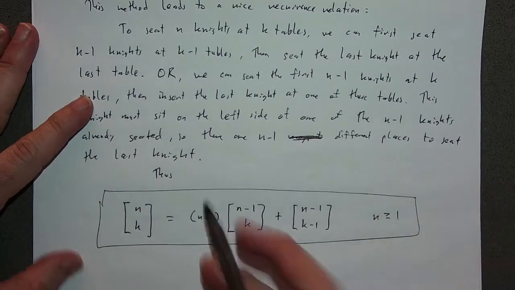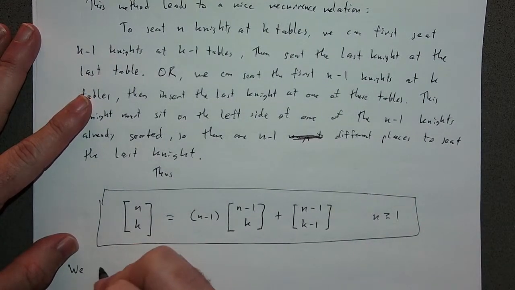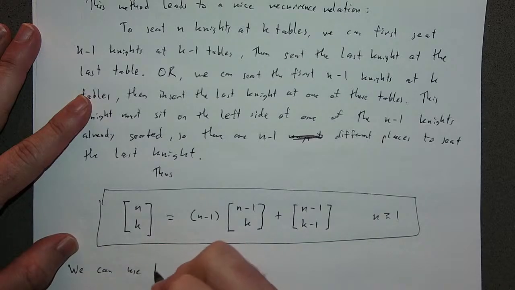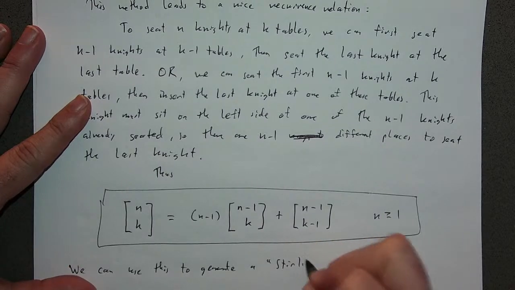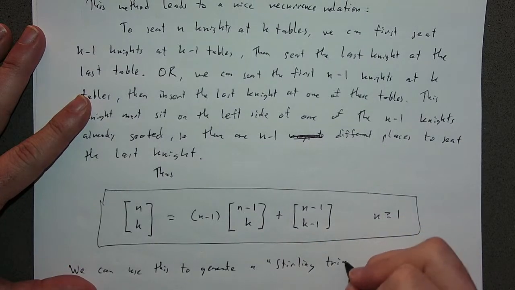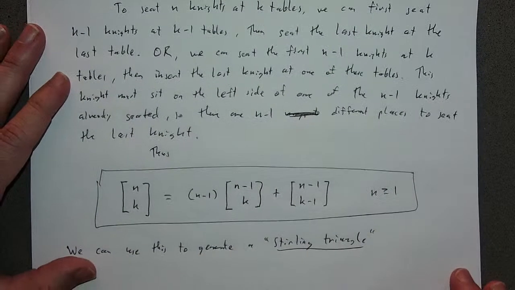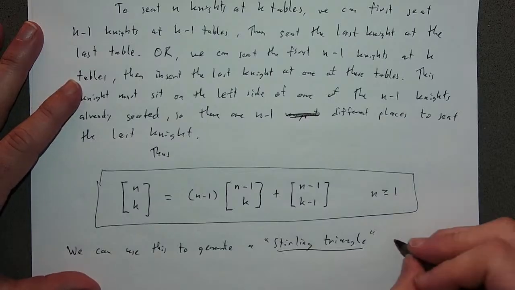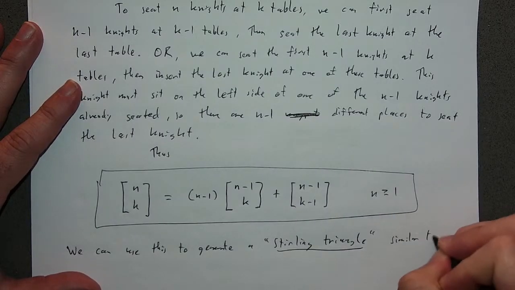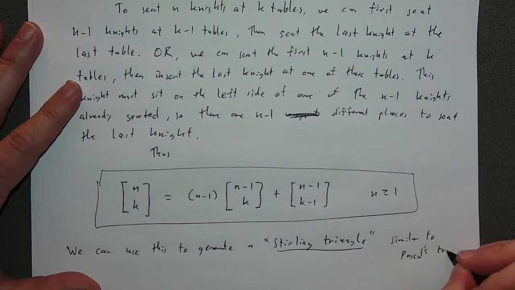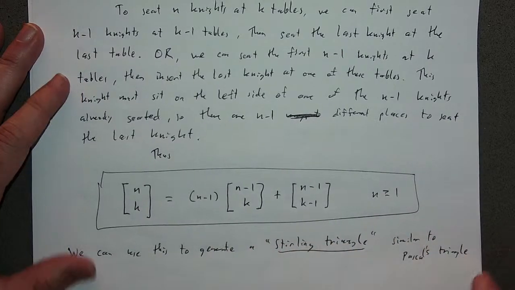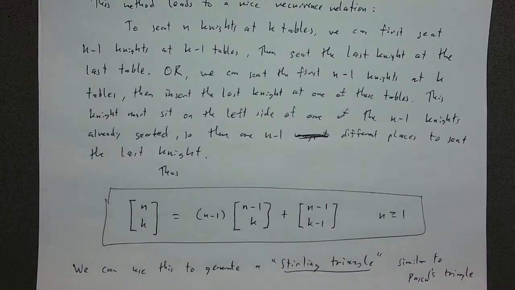Okay, we can use this to generate a Stirling triangle, like we did for the binomial coefficients, or similar to Pascal's triangle, because really the reason it could be generated relied on a similar recurrence relation using binomial coefficients.